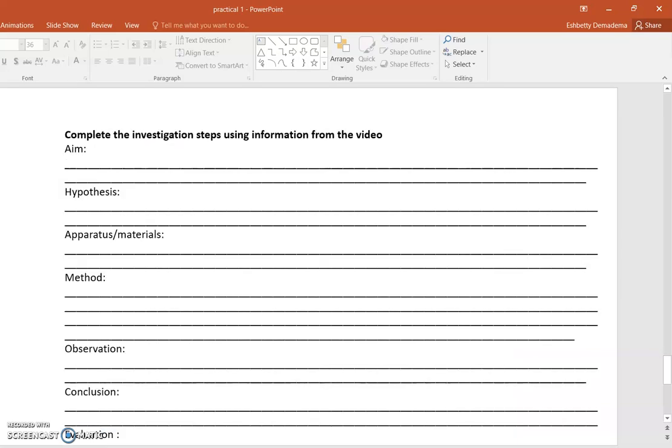Then the last one, this is the sheet that you need to complete. I know maybe some of you don't have printers, but it's okay. You can do this in your exercise book. You can copy, aim, and then you tell me what your aim is. And then hypothesis, you tell me what your hypothesis is, and so on and so forth.